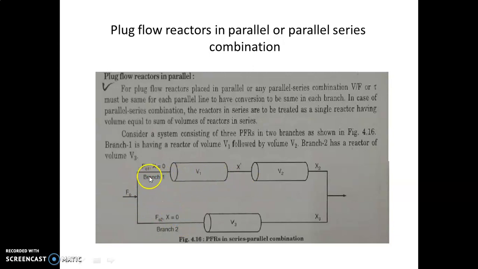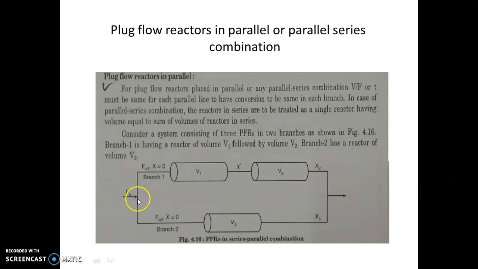Here the first reactor is V1 and the second reactor is V2, and after the reaction is completed in V1, we get the conversion X1, and that feed is fed to reactor V2. Then we get the conversion X2.